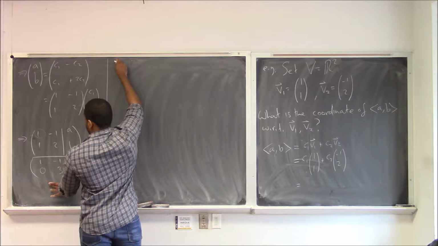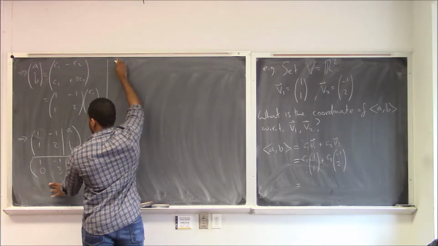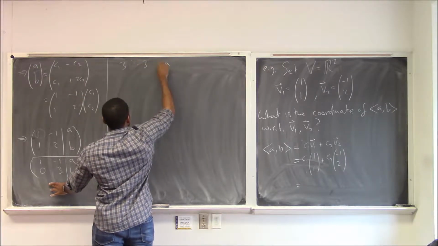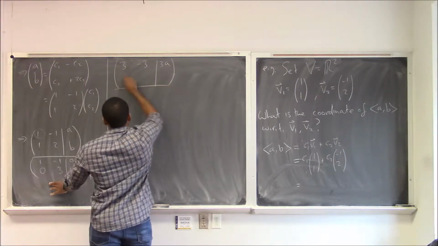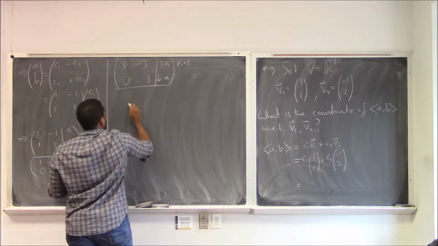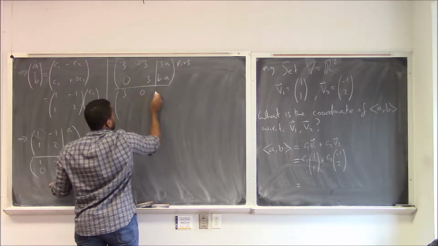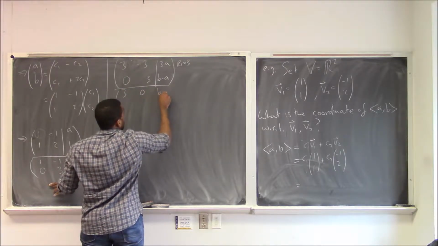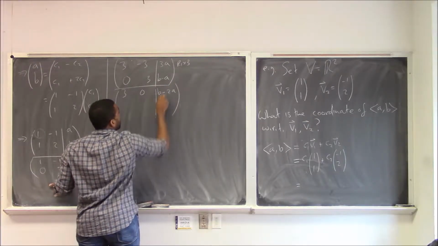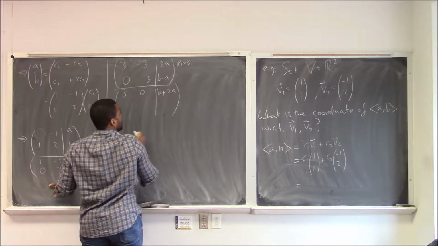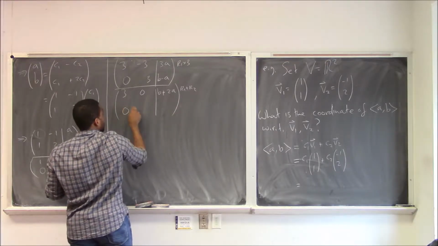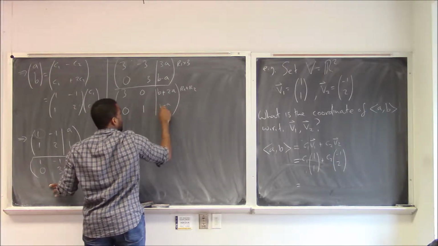So I can now do something like row 1 times 3 and then add them. So I get 3, 0, and b minus 2a plus 2a, because I'm adding them. It's row 1 plus row 2. And this would be 0, 1, (b minus a) over 3.